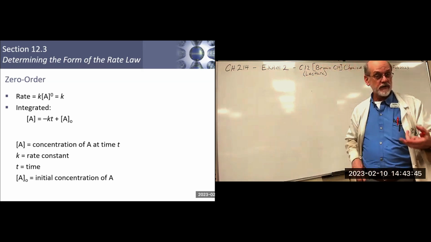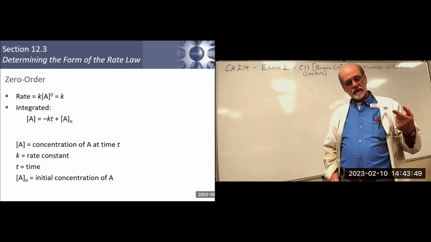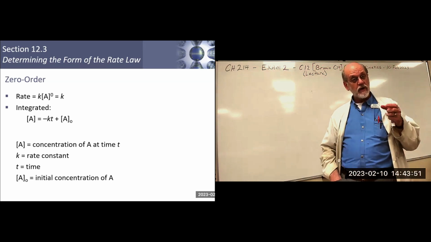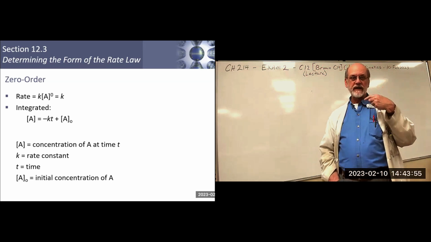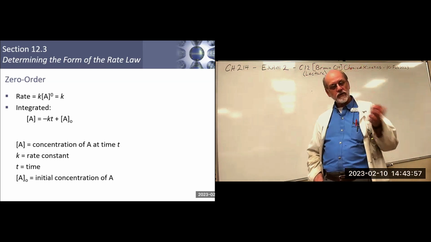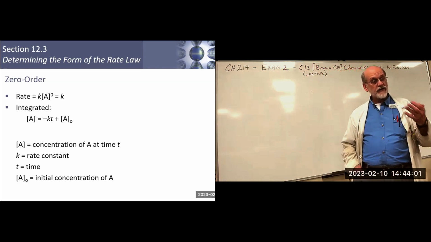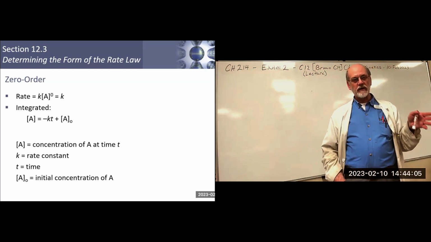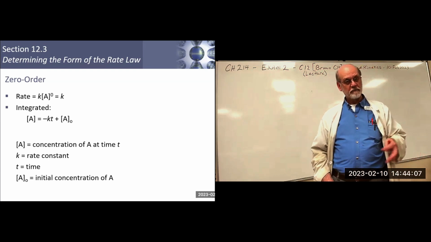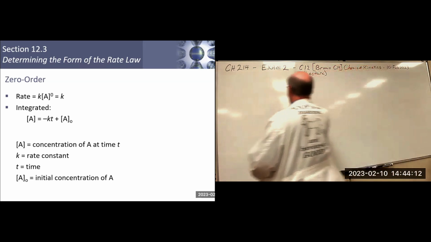And for this first one, the zero order, the order of A is 0, which makes it mathematically 1. So that means that the rate is actually equal to the constant. And what that means is the concentration of A has no impact whatsoever on the rate. Okay, so let's put 0 order over here.